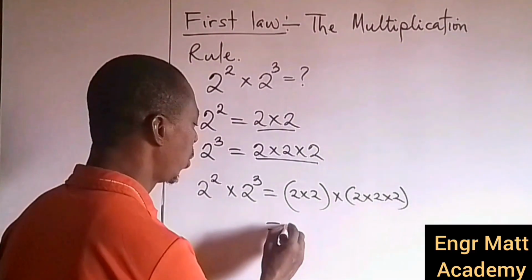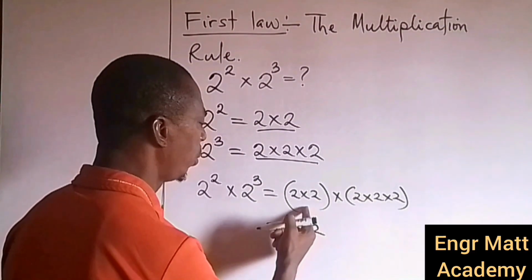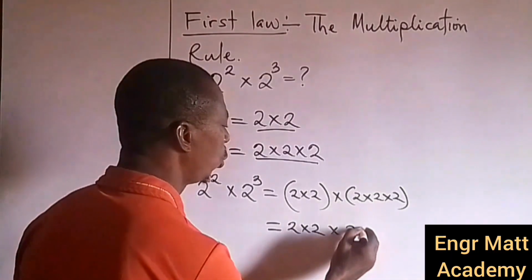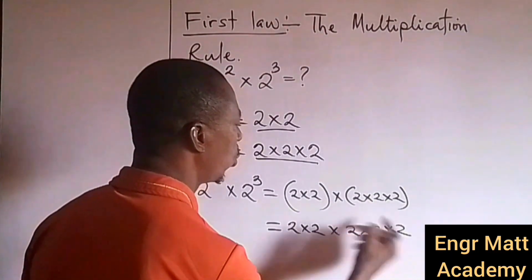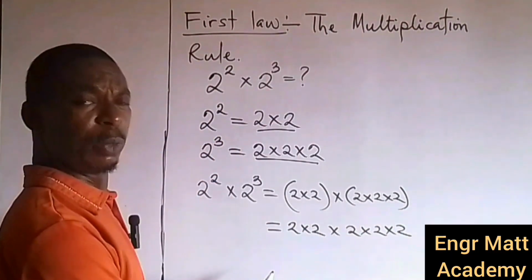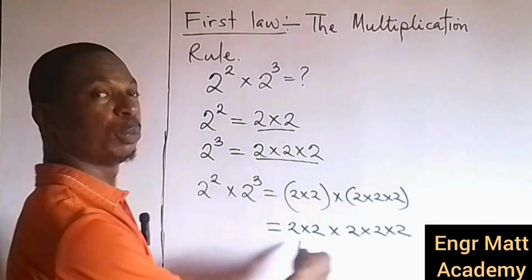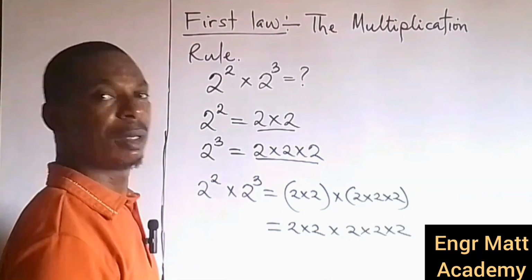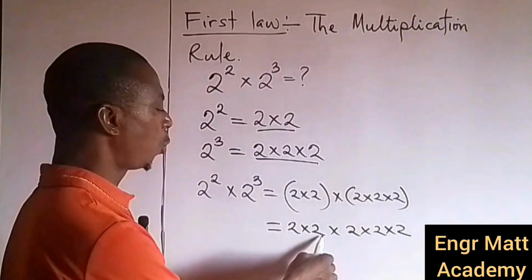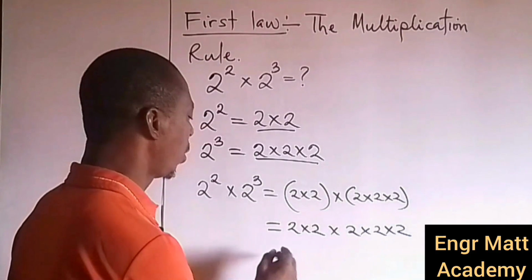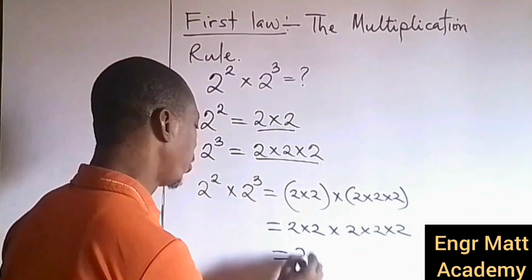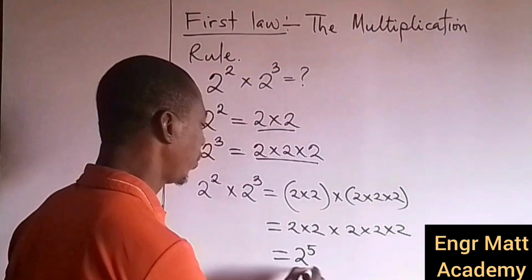If we do that, we have 2 times 2 times 2 times 2 times 2. So what do we have here? 2 multiplied by itself. How many times? 5 times. 1, 2, 3, 4, 5. This becomes 2 raised to the power of 5.